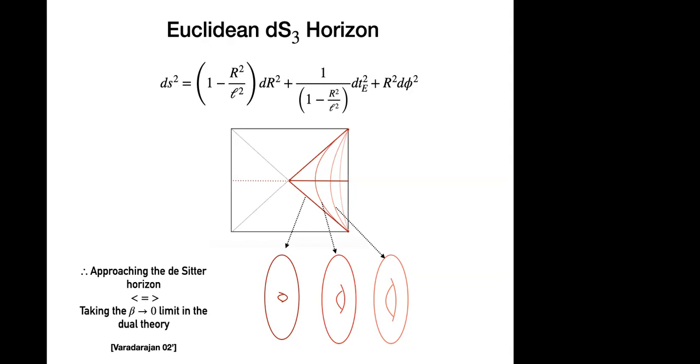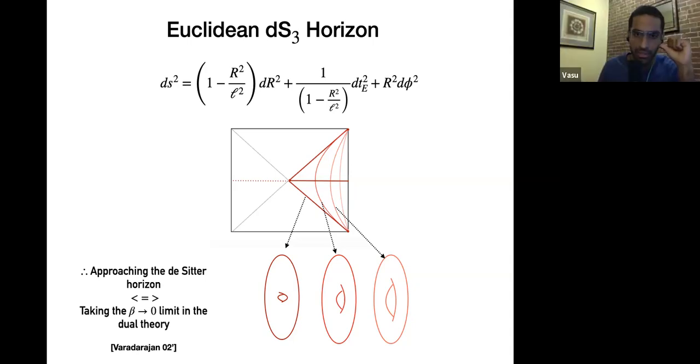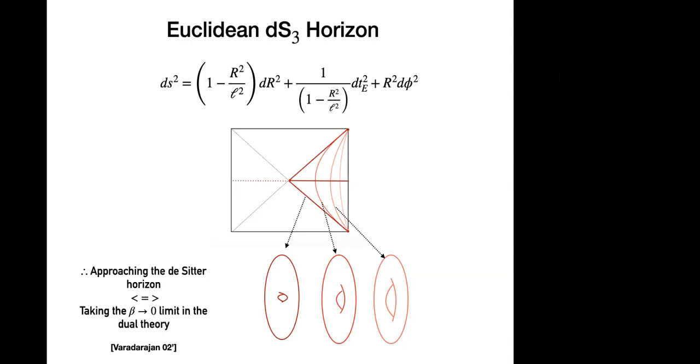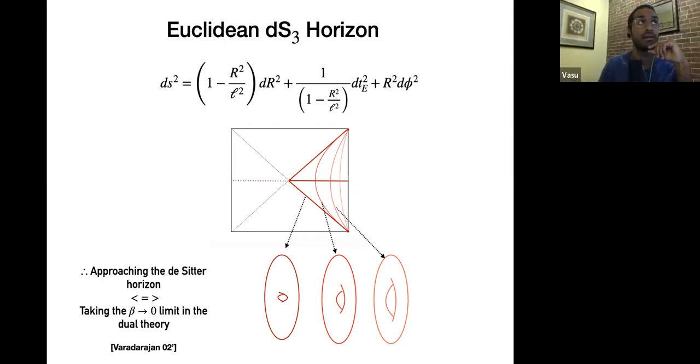So you're choosing a different world tube, and going towards the horizon would be going towards lower mu. Is that right? Higher. Yeah.